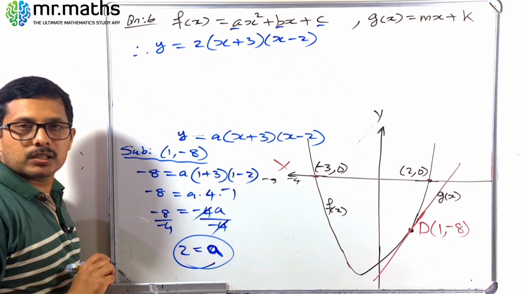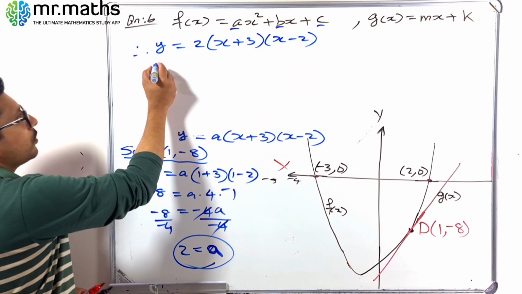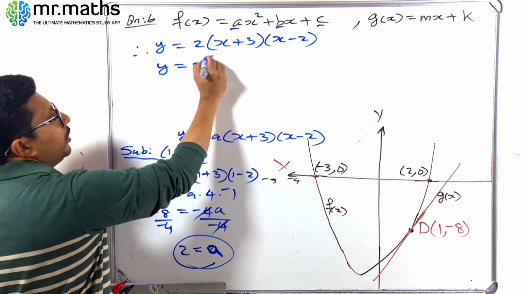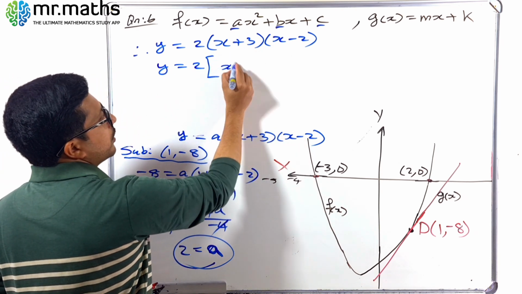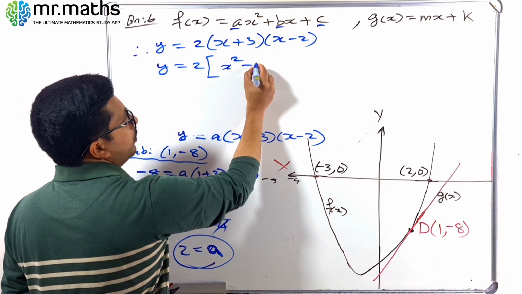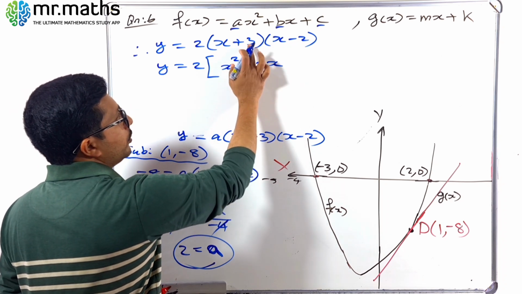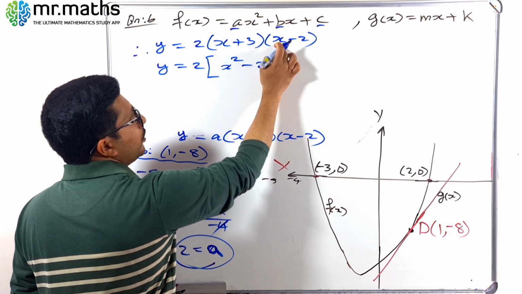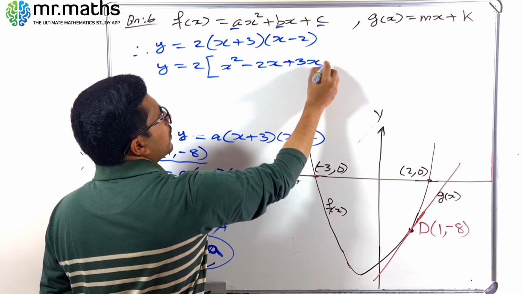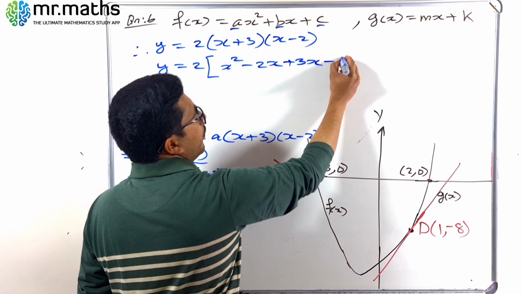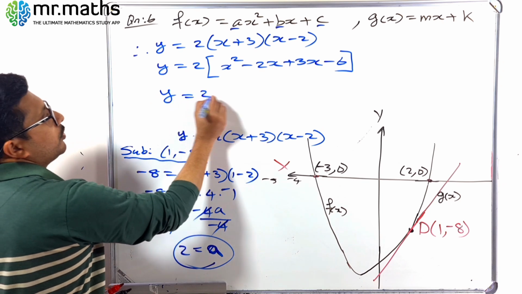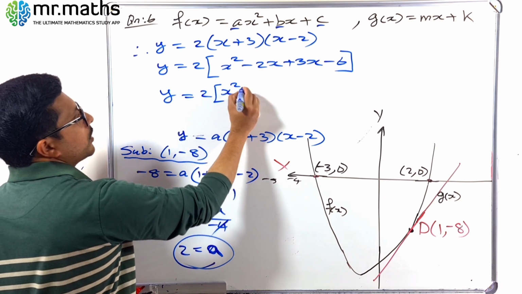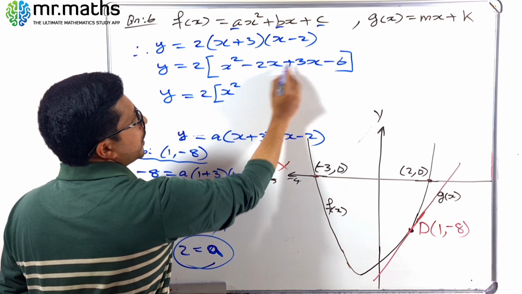Now we have to expand the bracket. So y is equal to 2 into, we can expand this bracket, x into x is x square, x into minus 2 is minus 2x. I hope you know how to expand. 3 into x is 3x, 3 into minus 2 is minus 6.